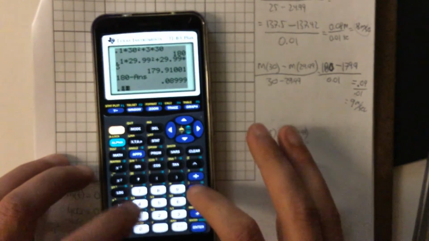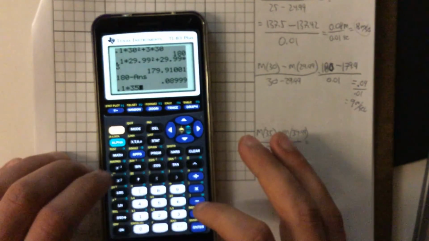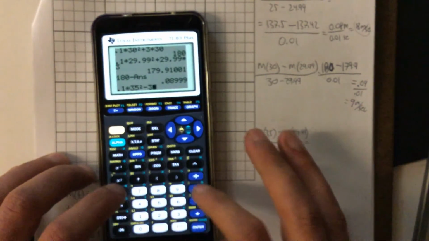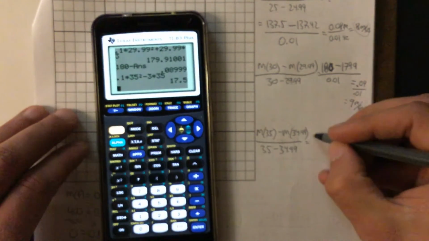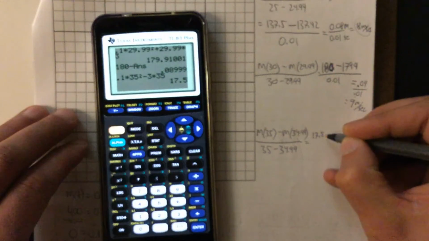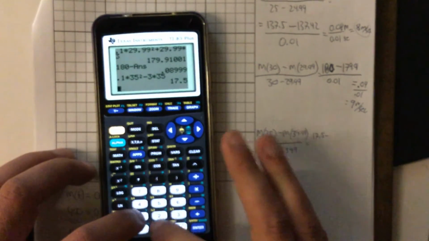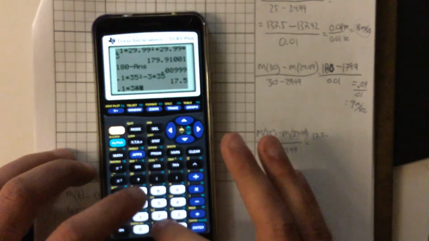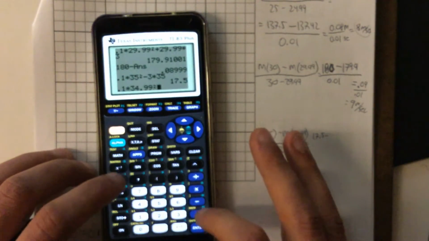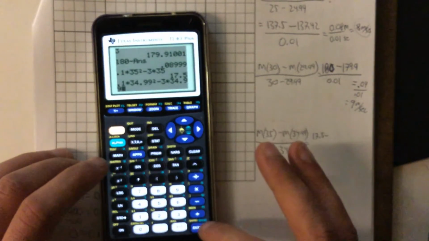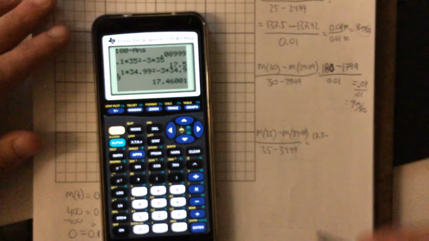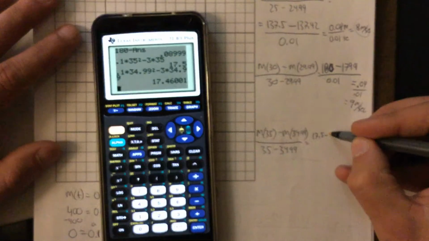So 0.1 times 35 squared minus 3 times 35 is 17.5 minus 0.1 times 34.99 squared minus 3 times 34.99 is 17.46.